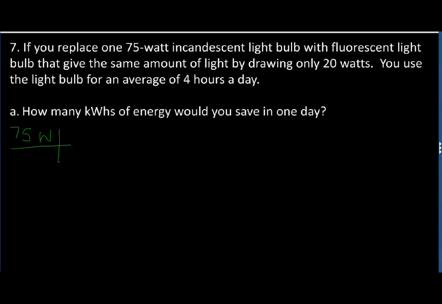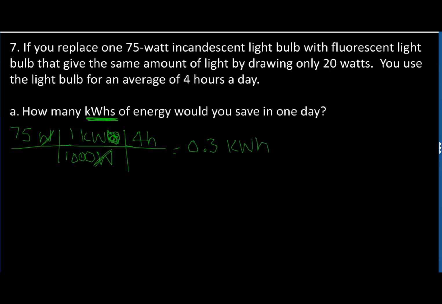We need to convert this to kilowatt hours, because it wants our answer in kilowatt hours. So we have 1,000 watts in 1 kilowatt, and then we multiply it by 4 hours. There's our hour. And we end up with 0.3 kilowatt hours. Okay.